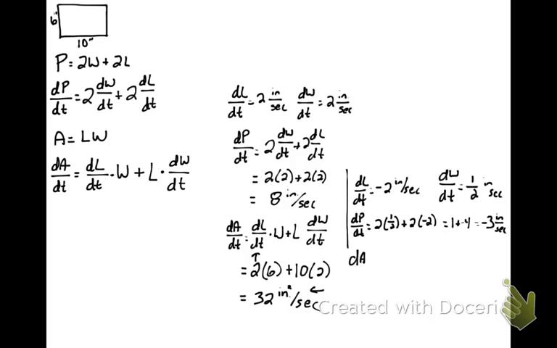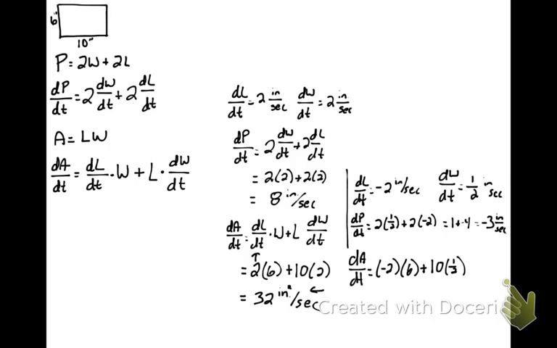With regard to the area, again using what we already know about dA/dt, we're told that dL/dt is negative 2, and our width happens to be 6, plus our length is 10, and dW/dt is 1/2.